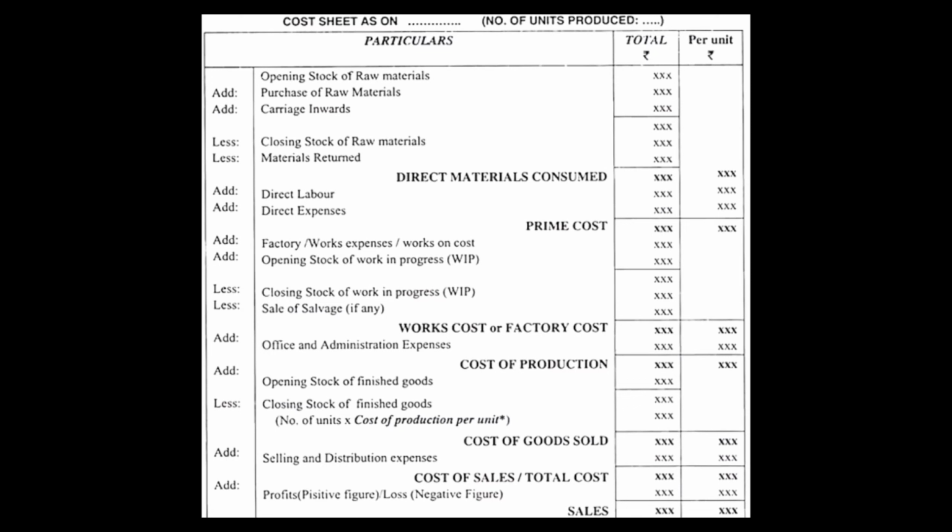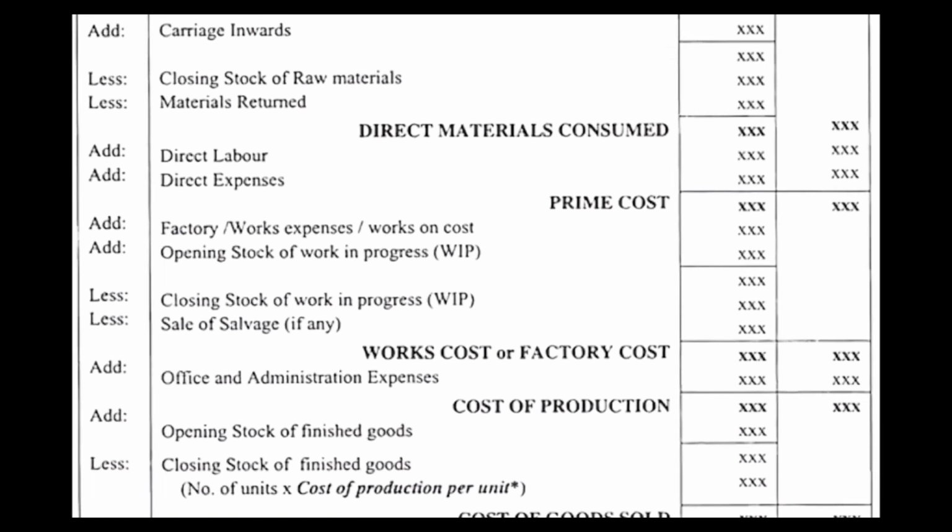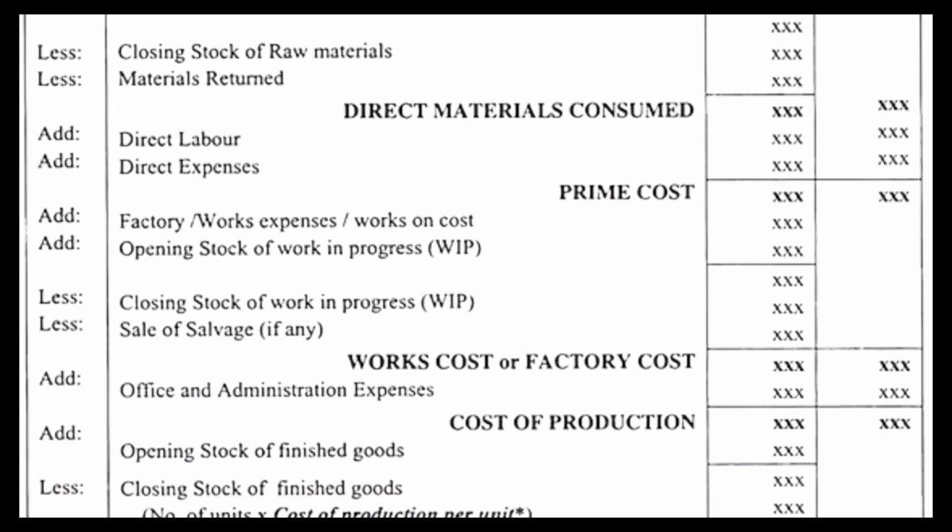To calculate direct material, we have to add purchase of raw material to opening stock of raw material and carriage inward of raw material, and less closing stock of raw material, and the sum is called direct material. It is also called material consumed, or value of raw material consumed. So when we add direct material, direct labor, and direct expenses, the final sum is known as prime cost.